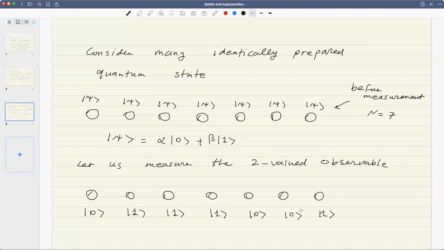So I find different results. For some of them, I find 0. For some of them, I find 1, even though the states were the same. And that's an experimental observation. That's a description of the physical reality. So this is after measurement.